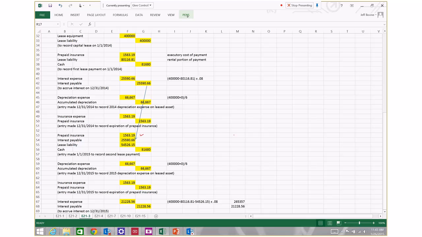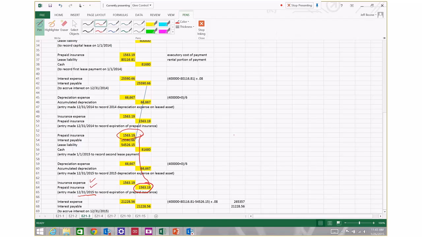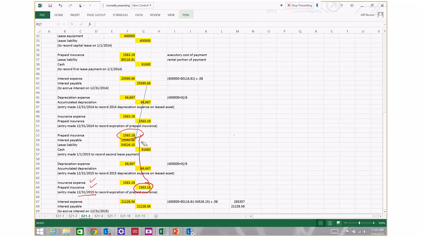And we need to prepare an adjusting journal entry at 12/31/2015 to write off the prepaid insurance that we recognized here that has now expired. So debit insurance expense, credit prepaid insurance. We consumed the value of that insurance, and now we need to recognize it as insurance expense.